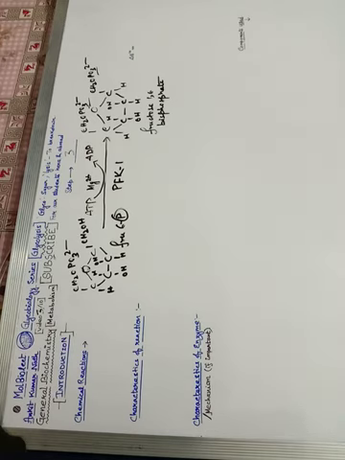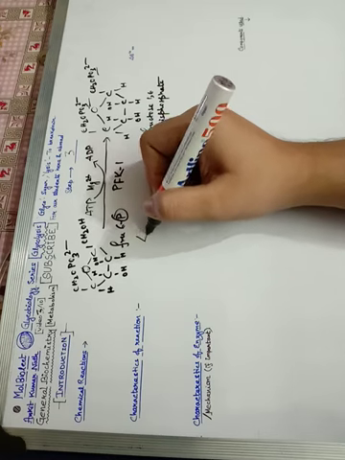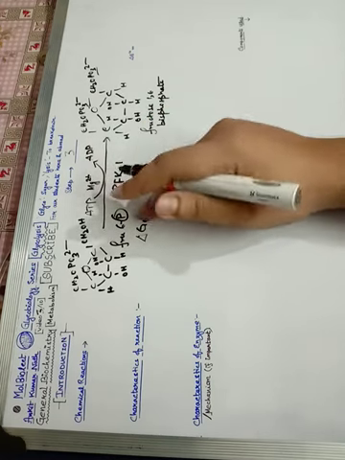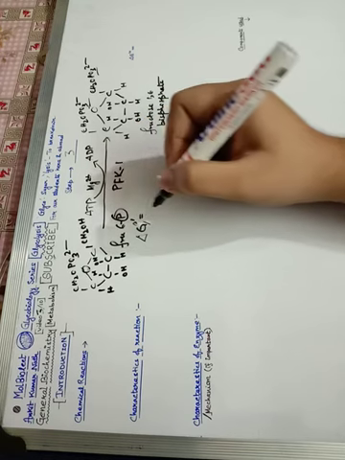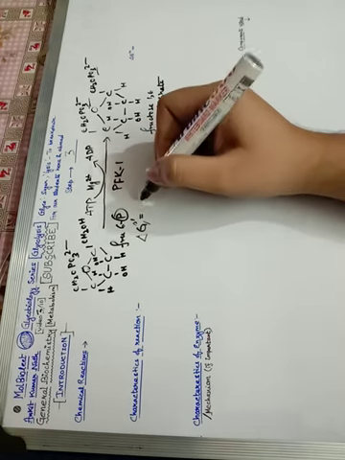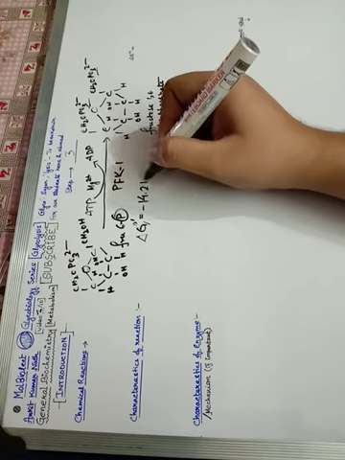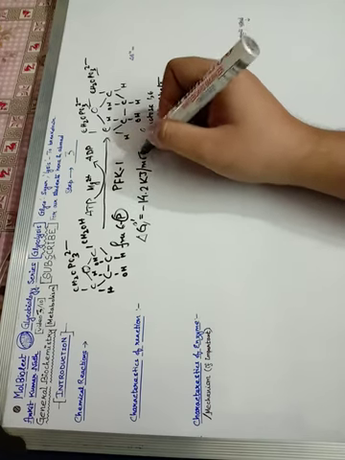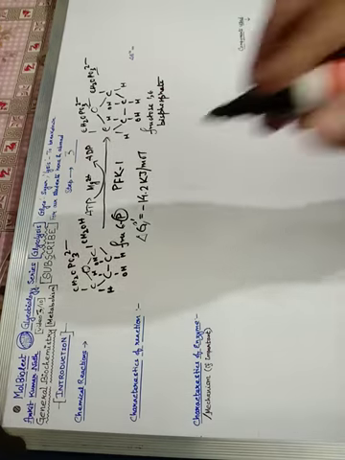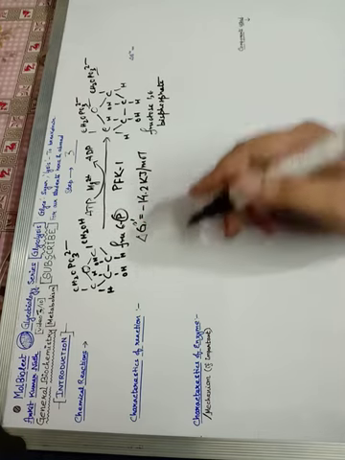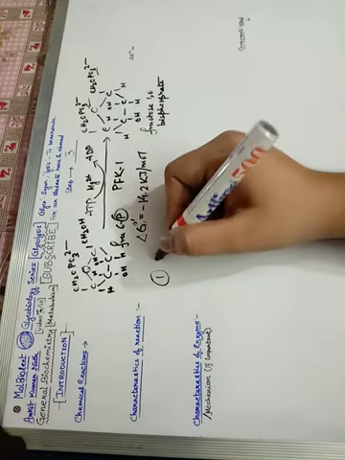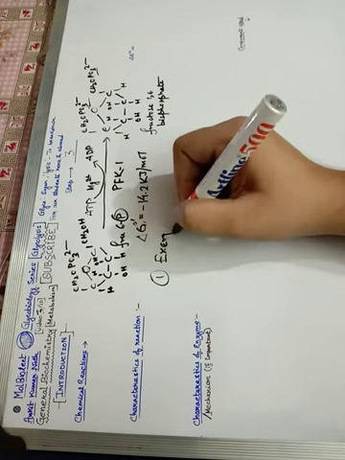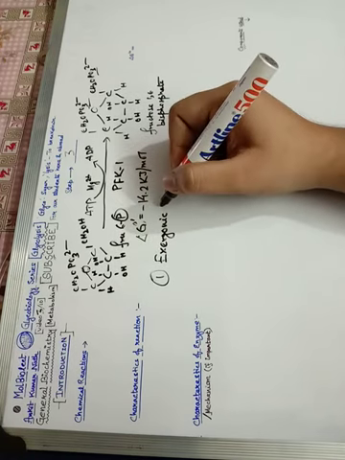The delta G0 dash of this reaction is minus 14.2 kilojoule per mole. By looking at the delta G value, we can say it's an exergonic reaction, thermodynamically favorable.